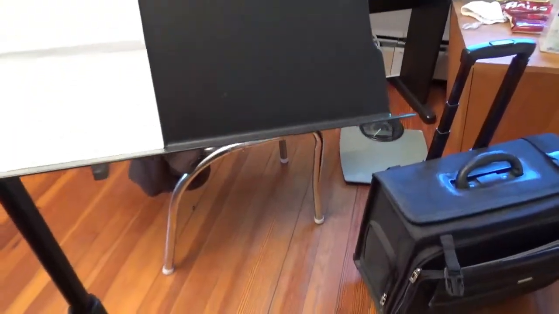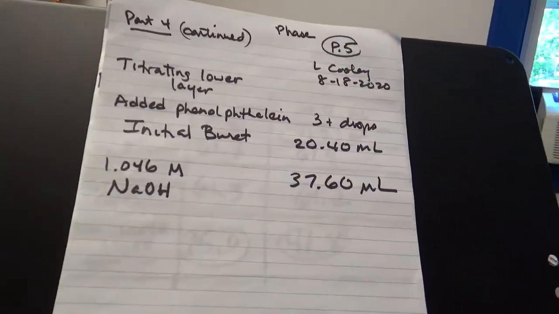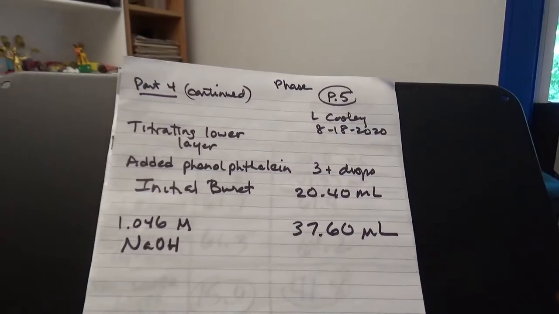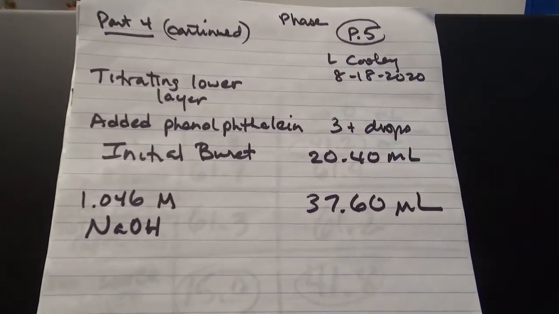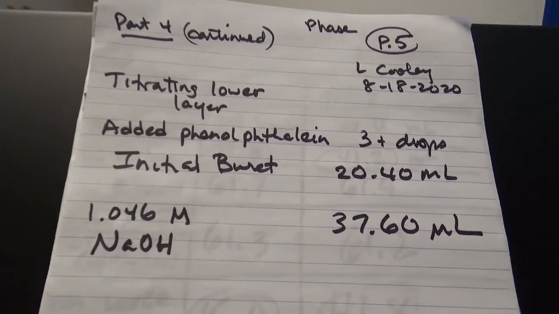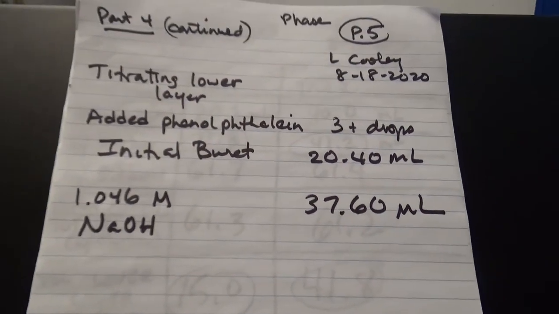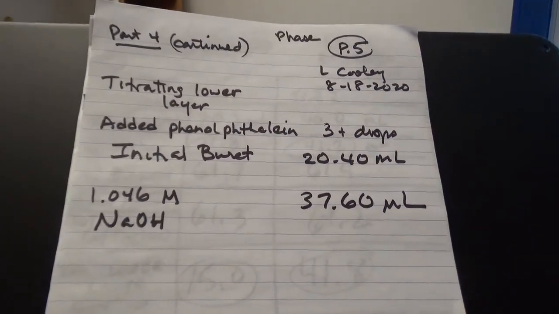And then I titrated the bottom layer with 1.046 molar sodium hydroxide, and these are the initial and final volumes. And I went 1 drop over the end point.